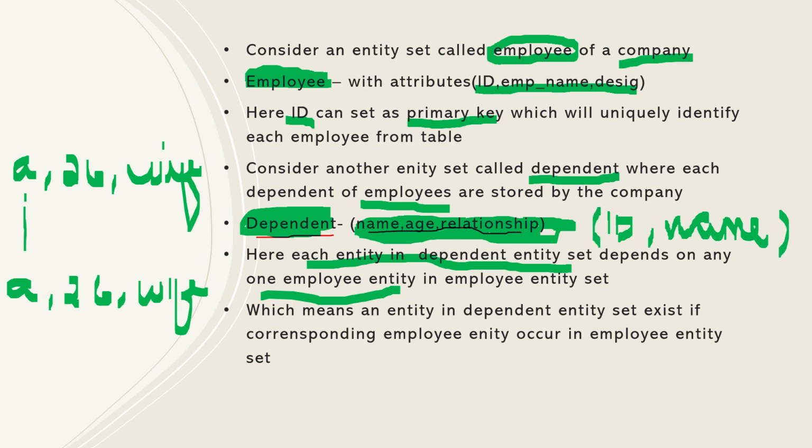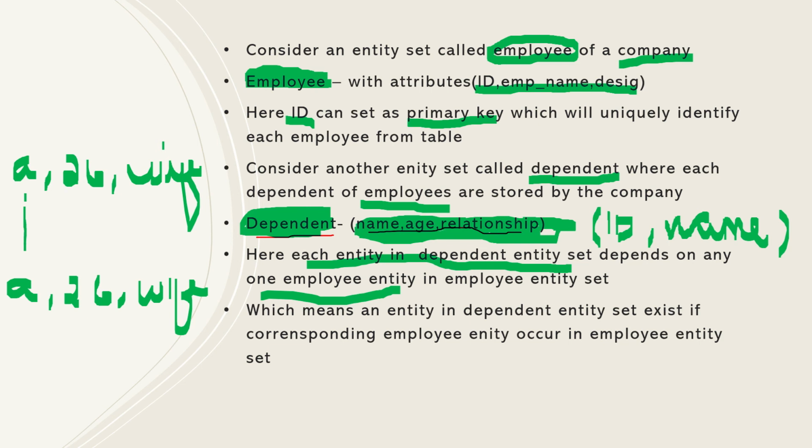If you take this combination, we can uniquely identify each and every entity in this dependent entity set. For example, if an employer like Infosys has employee ID 1, employee ID 2, like that, we can use ID 1 with Anju, and employee ID 1 will be unique.